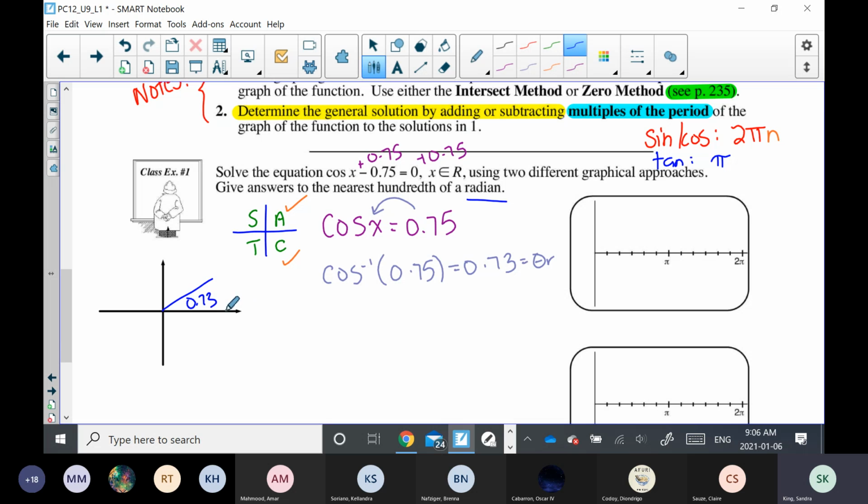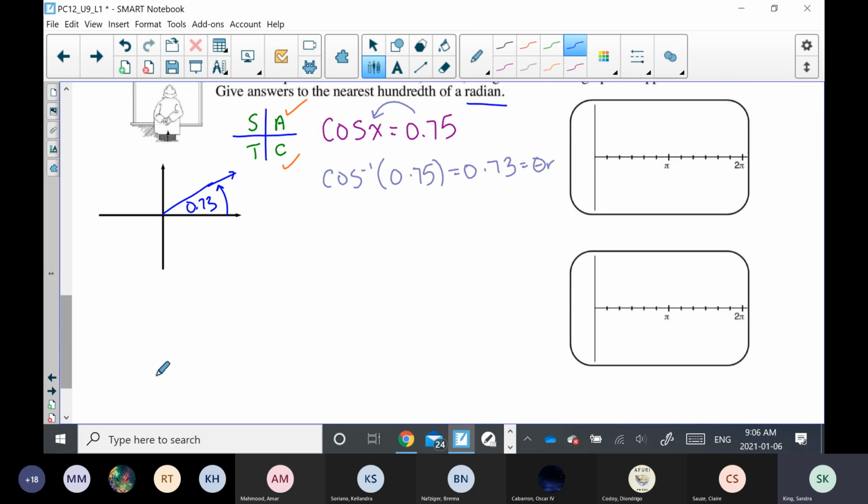What would that angle in standard position be? It would be whatever the reference angle is if we're in quadrant 1. So one of my solutions is 0.73. Oops, that should be a 3. That's one of my solutions.